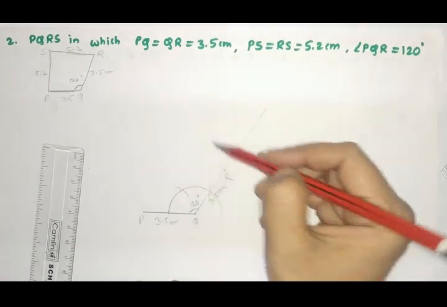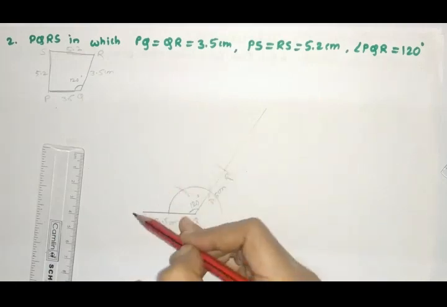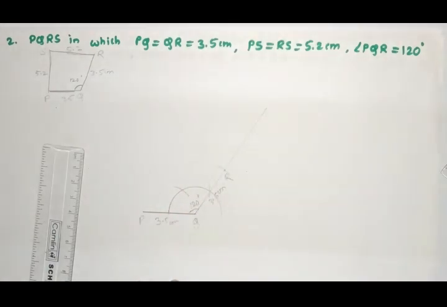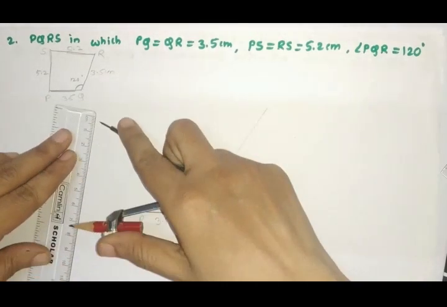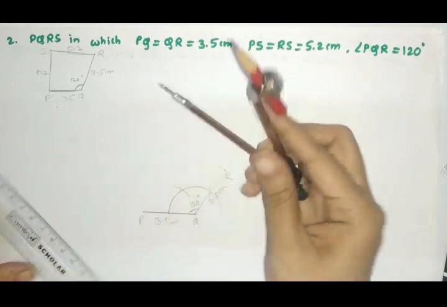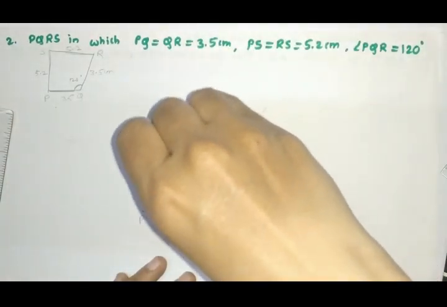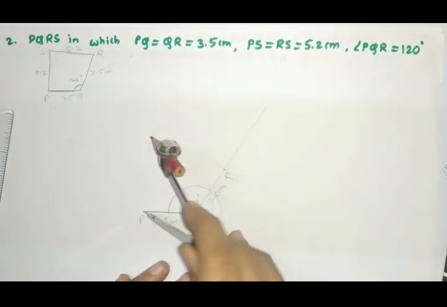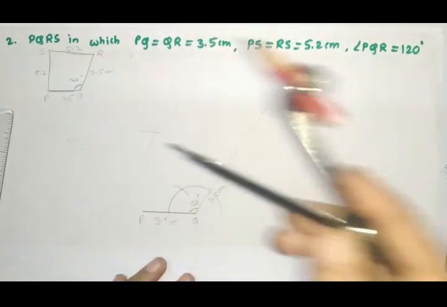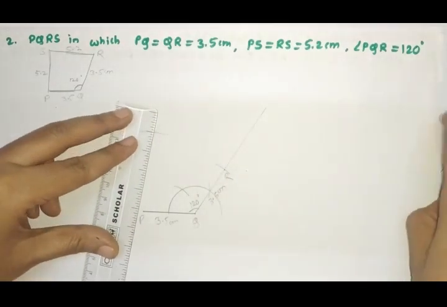Okay. Now from R to somewhere is S, which is 5.2, and from P also that is 5.2. So we'll take 5.2 once only. So from R you can draw a 5.2 arc here, and with P as a center also 5.2, because the distance P to S and R to S is the same.